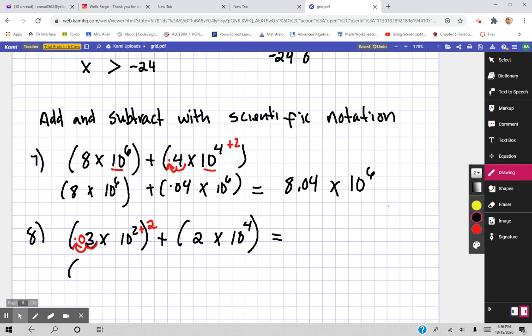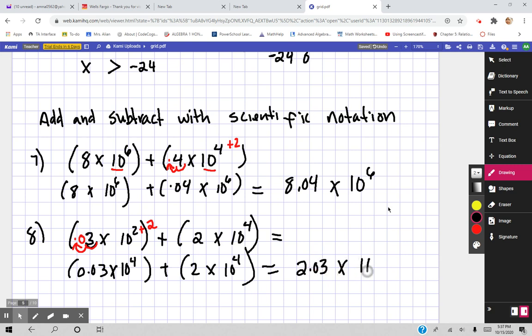So now we're ready. The 0.03 times 10 to the 4th power plus 2 times 10 to the 4th power. Okay, we can add our numbers. 0.03 plus 2 is 2.03 times our common power, 10 to the 4th power. You got that? Good job.